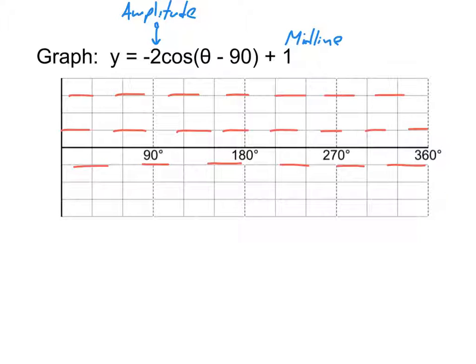They'll put in a dotted line over at 90. I often don't, but if it makes it easier for you to track, feel free. And then the negative told us that instead of starting up at the top, we started down at the bottom because it flipped it upside down. So my first point goes on the bottom line there at 90.